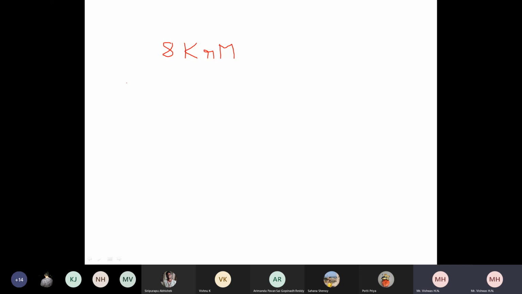So 128 not required, 64 not required, 32. This is 32. 32 plus 16 is 48. 48 plus 8 is 56. 56 plus 4 is 60. Apart from that, you have 2, 1.